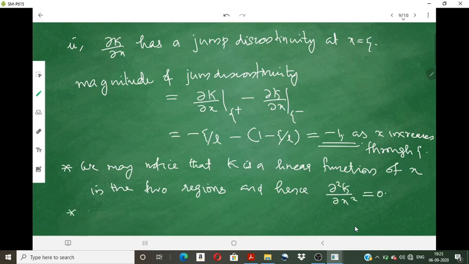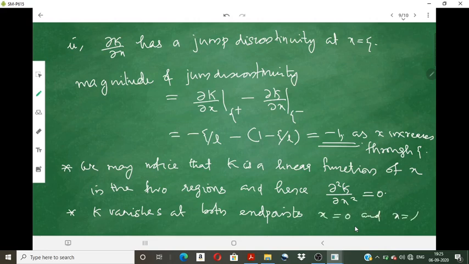And one more thing, k vanishes at both endpoints, x equal to 0 and x equal to L.